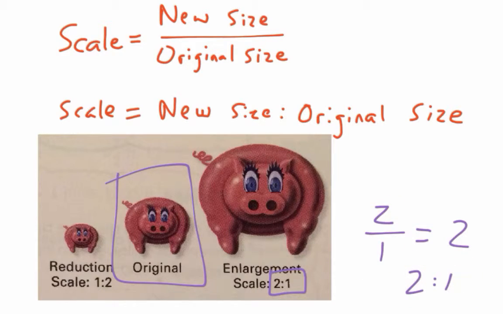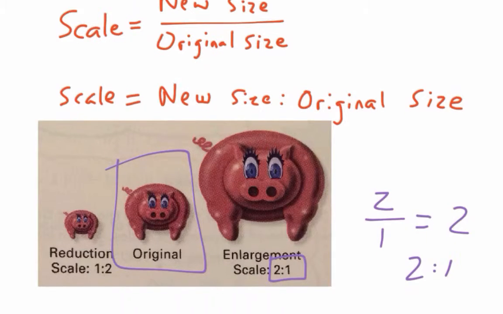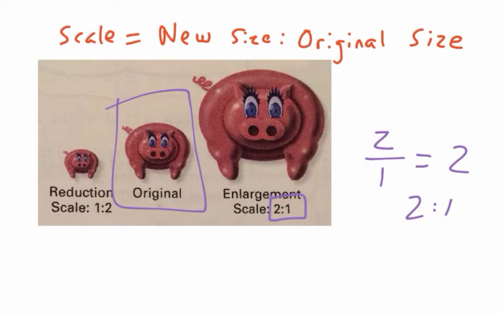So no change, just another application of what we were doing in the last chapter. If you go the reduction way, if instead you start with this original pig and you're going to this one, maybe the size here is 1 centimeter, and the original pig is 2 centimeters tall, it's a scale of 1 to 2 that way, or 1/2 for a scale. Seem fitting? So no questions on that?